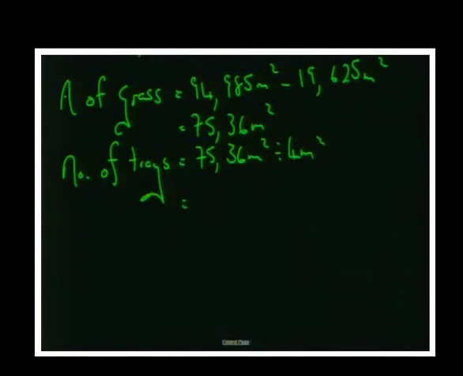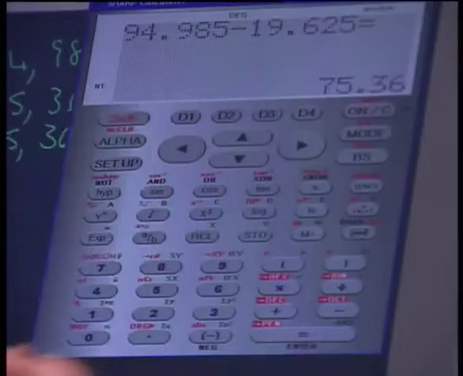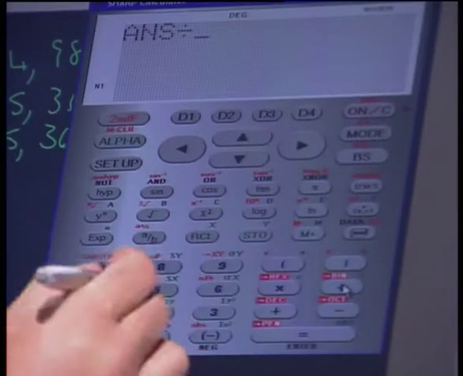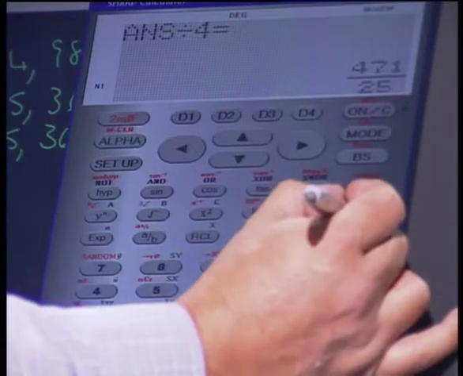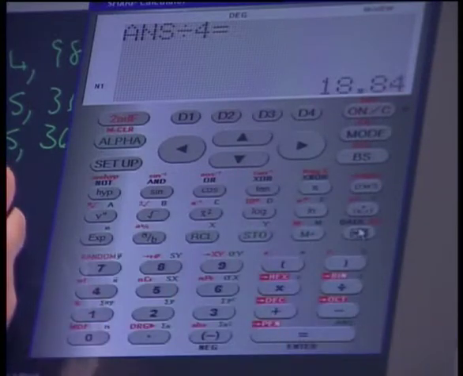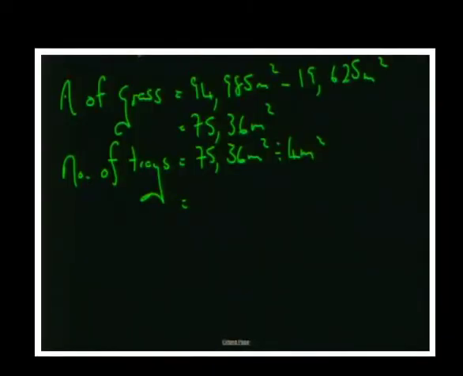So we know how many trays we need. So I've got 75.36. I'm going to divide it now by 4, and I get an answer now of 18.84. So 18.84 trays.